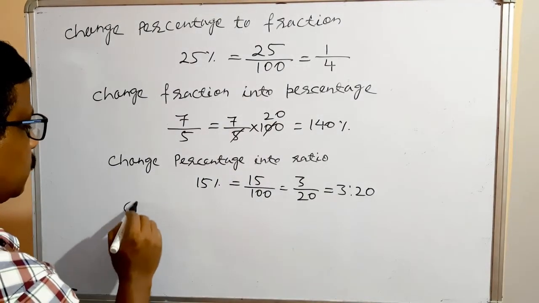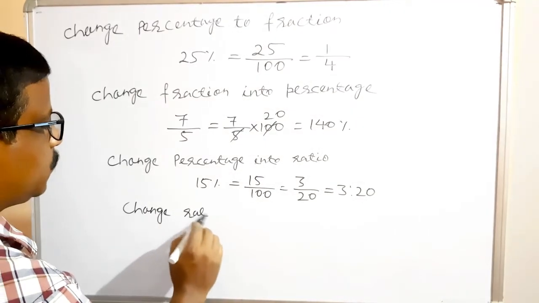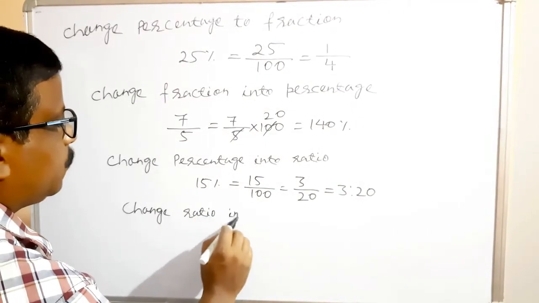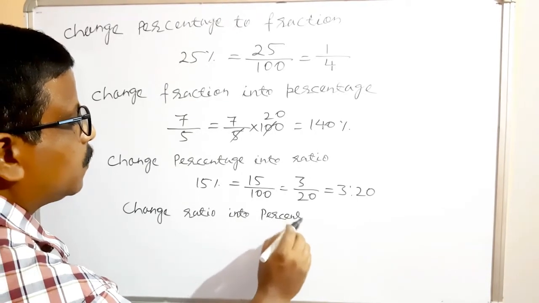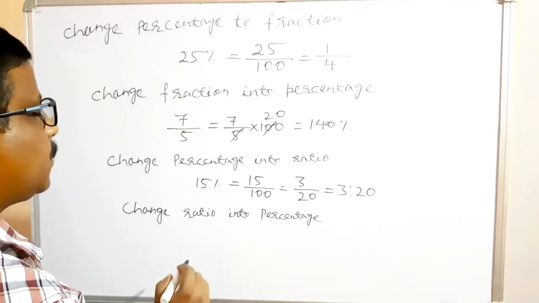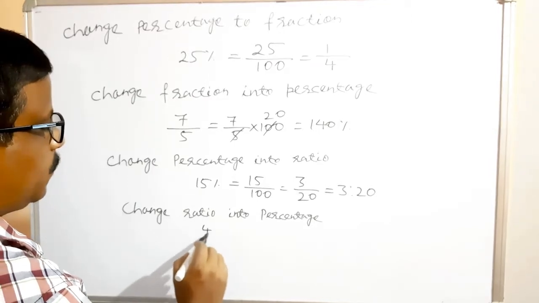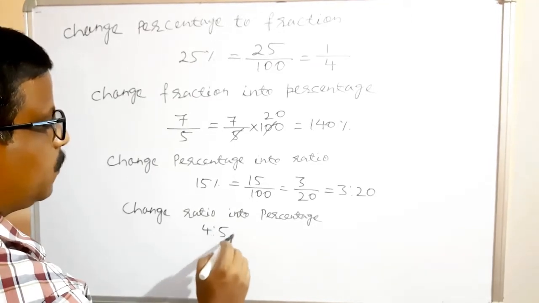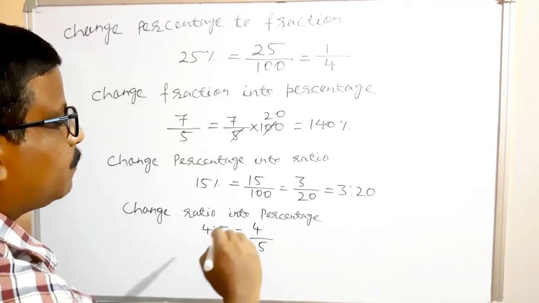Suppose we change ratio into percentage. Suppose the ratio 4 is to 5 is given to you. We first change it into fraction, 4 by 5.